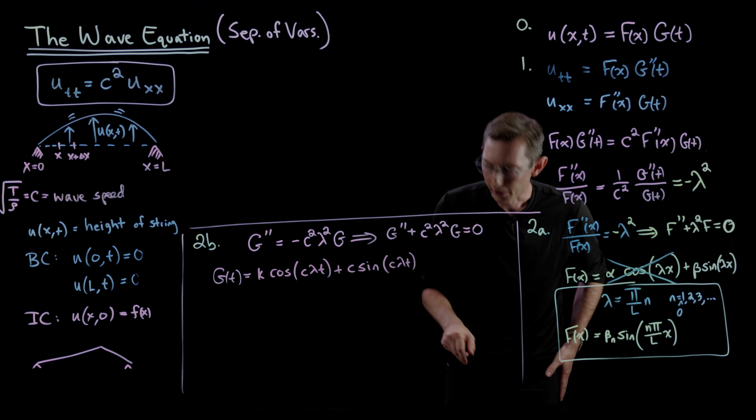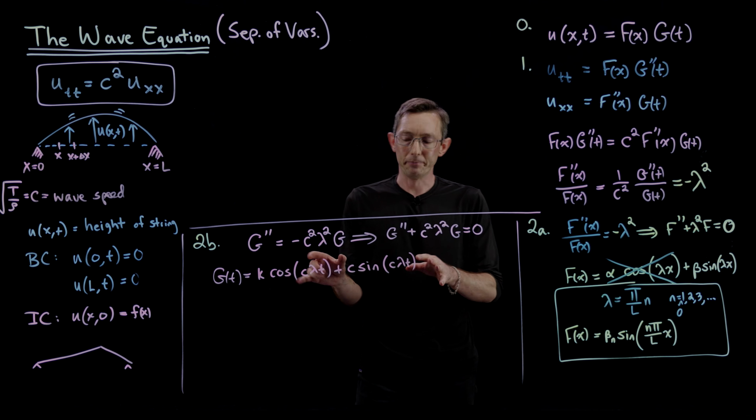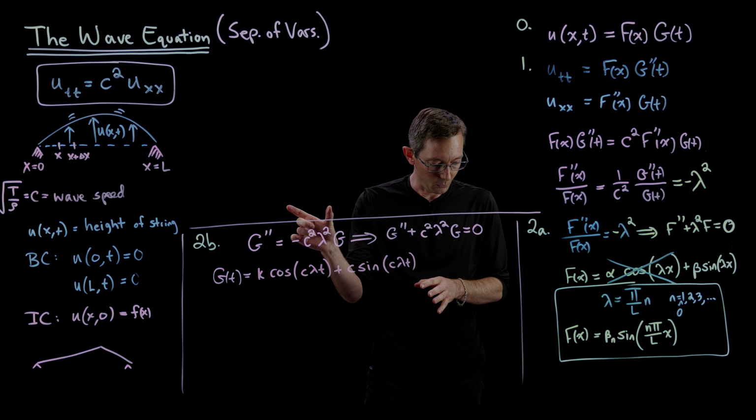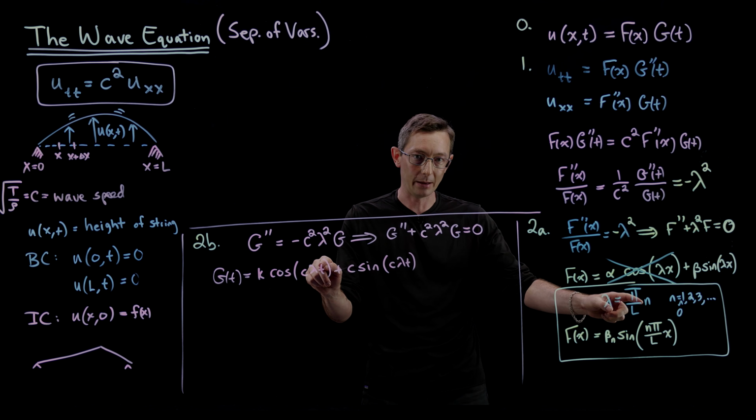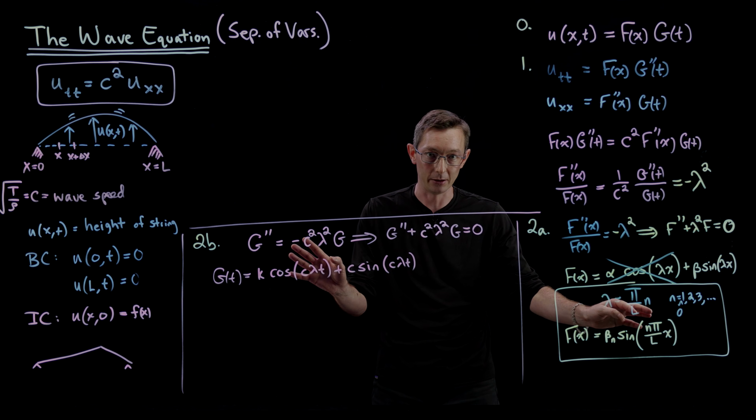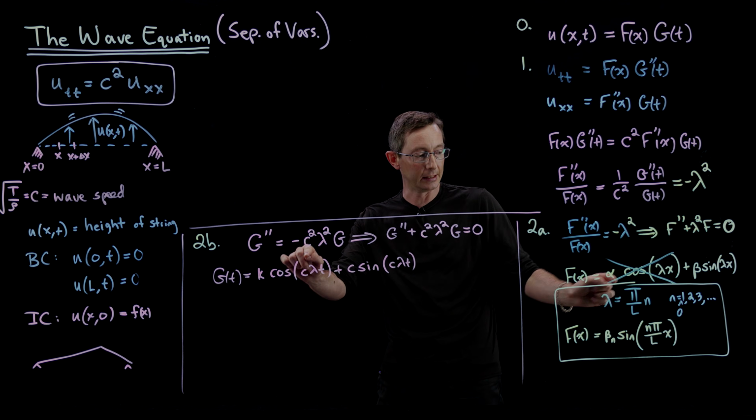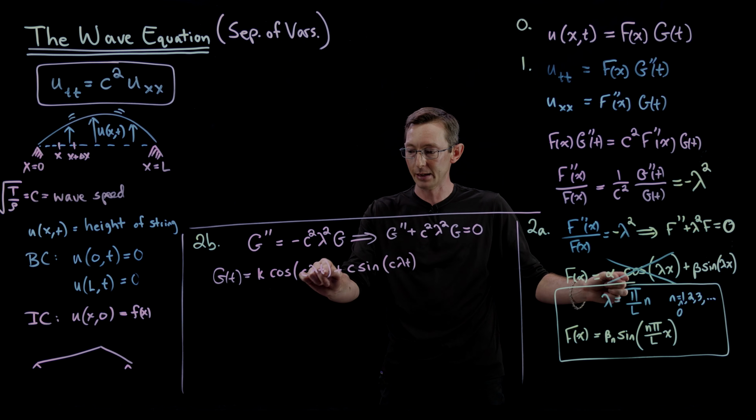Okay, good. Now we can essentially fix this lambda. We know what lambda equals. It's pi n over L. So this is c times pi times n over L times t.